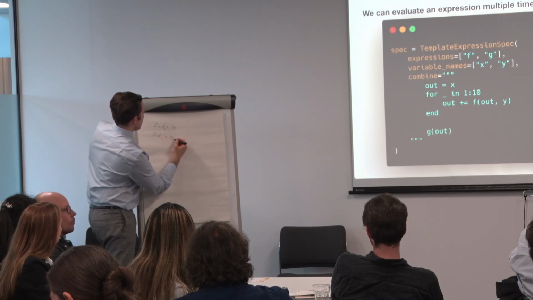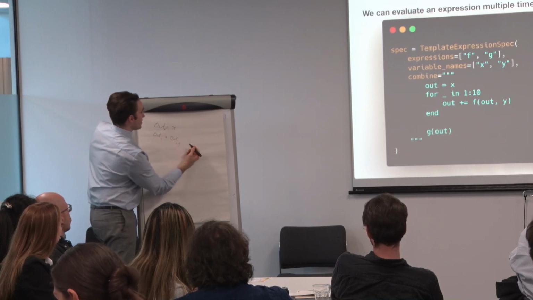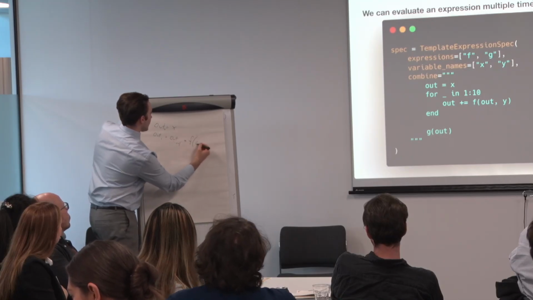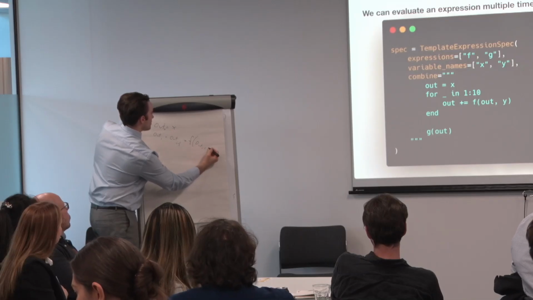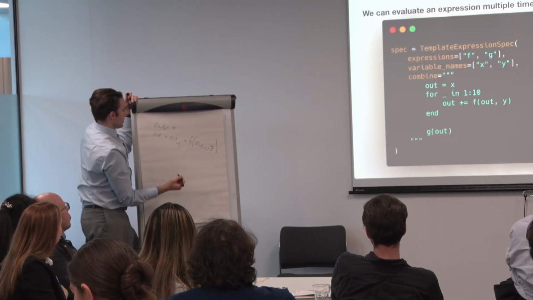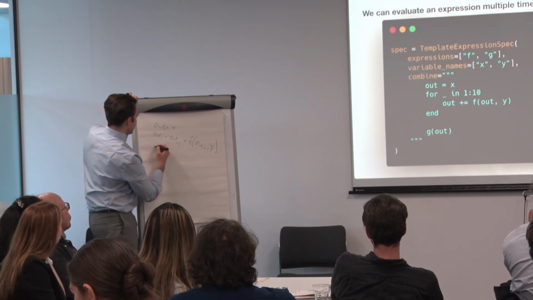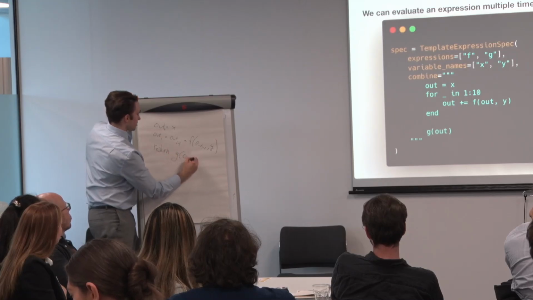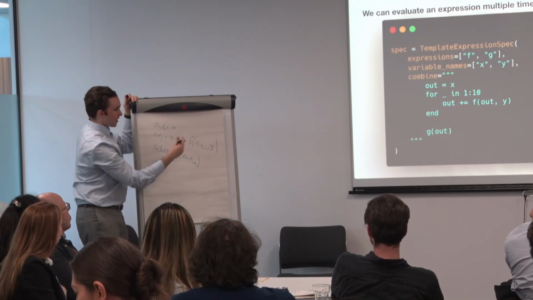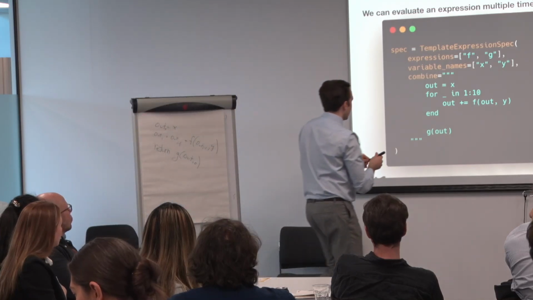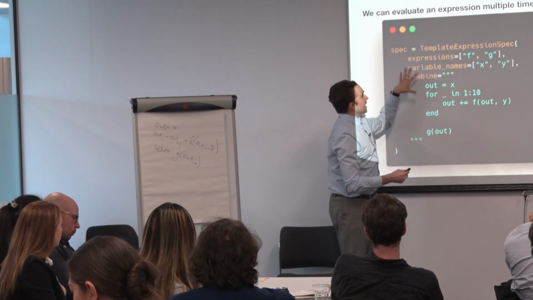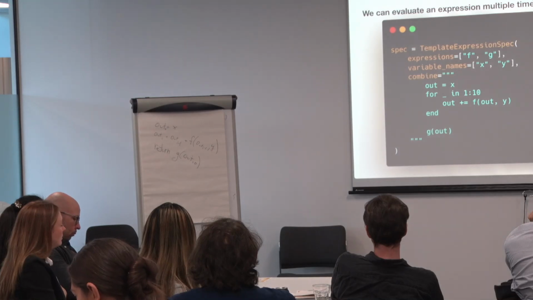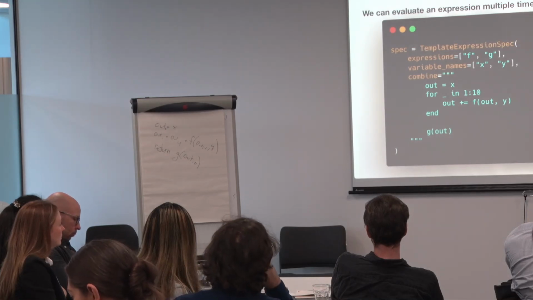Out i equals out i minus 1 plus f of out i minus 1, y, right? And then the output is essentially return g of out 10. Okay, so all of this is described in that forward pass. And if I give this as the expression spec, it will find an f and g that work for this and evaluate as my target.